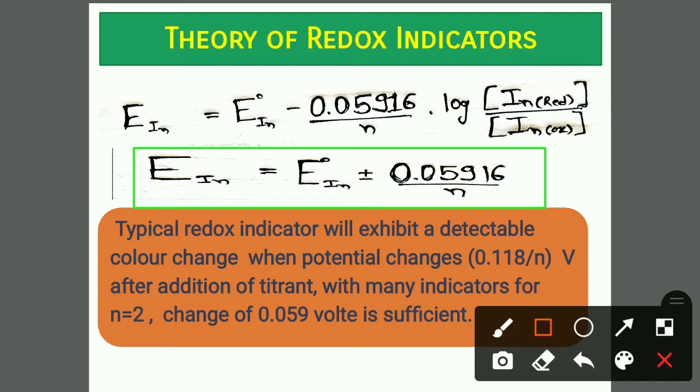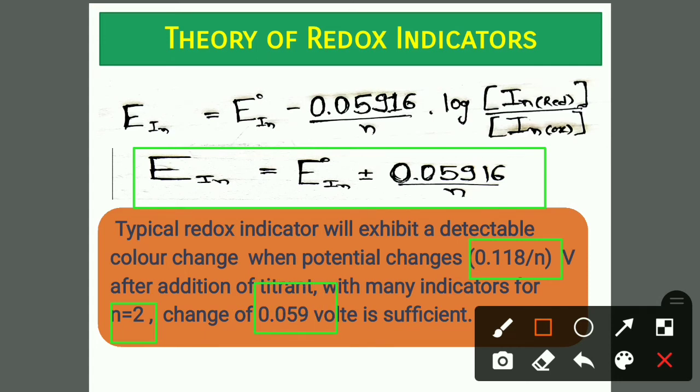So a typical redox indicator will exhibit a detectable color change only when the potential changes by 0.118 divided by n volt after the addition of the titrant. With many indicators for n equal to 2, a change of only 0.059 volt is sufficient.